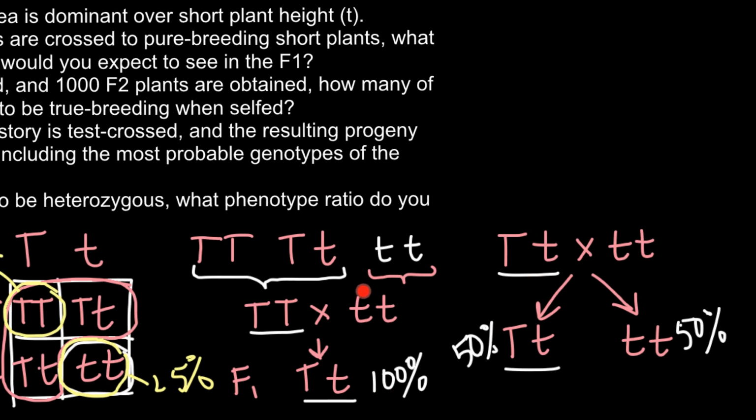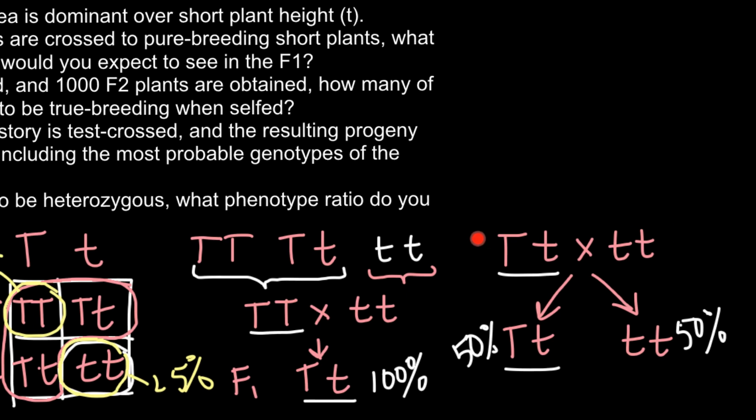So this tells us that this plant is heterozygous. But in this other example, when we do a test cross, we see that 100% of the progeny is tall. That gives us information that the genotype of this tall plant of unknown genotype is actually homozygous dominant. And once again, we can build a Punnett square.